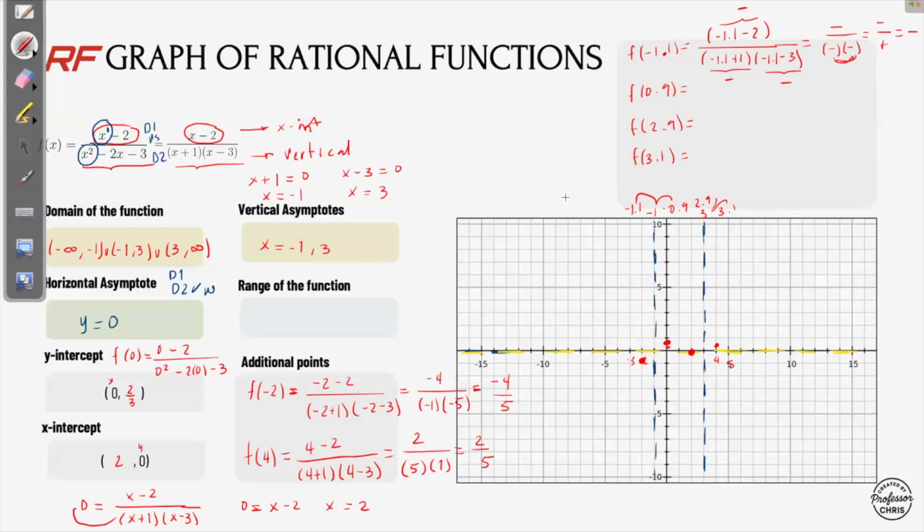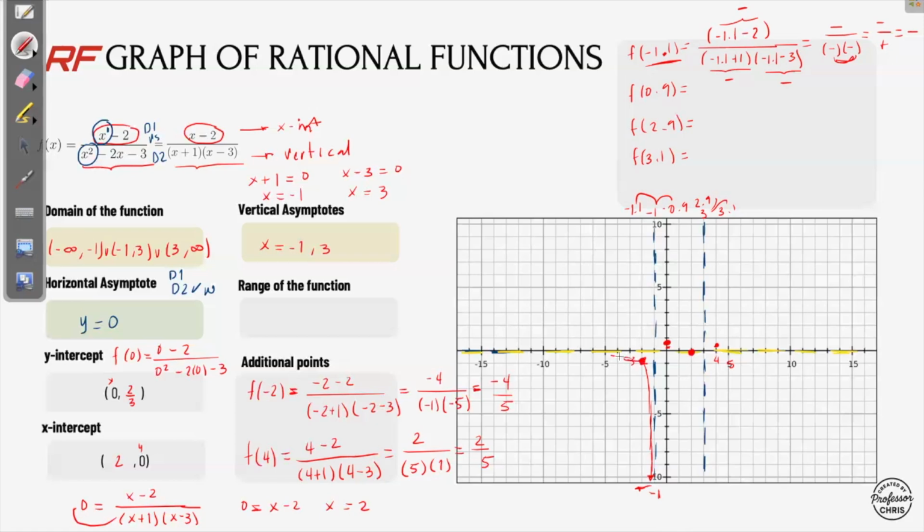So that means that from this last known coordinate, the graph will go into the negative direction, since -1.1 is very near or very close to -1, but -1.1 is on this side. So that means that as we get closer to -1, the direction will be negative.